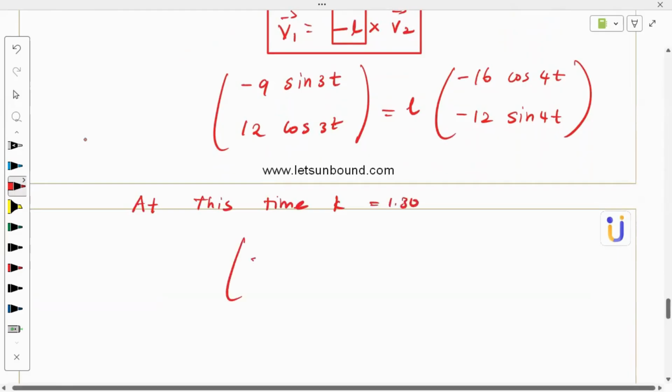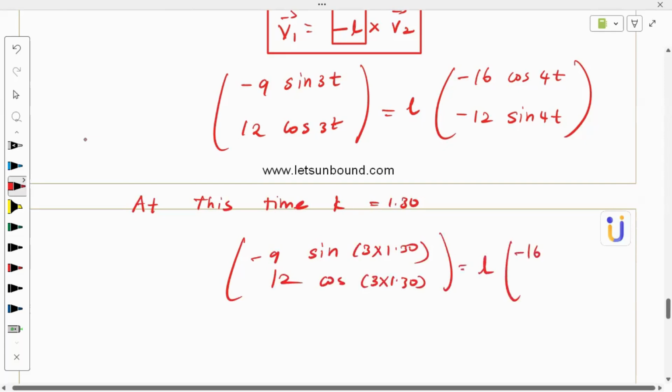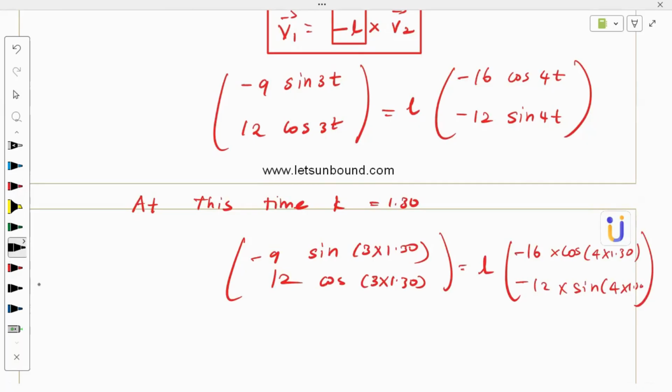So you just substitute: minus 9 sin 3 times 1.30, 12 cos 3 times 1.30. So the vectors are becoming known numbers, not variables. Minus 16 times cos 4 times 1.30, minus 12 times sin 4 times 1.30. Okay, I just need L now. L should be negative. If I prove it, then it implies that they move in opposite direction.